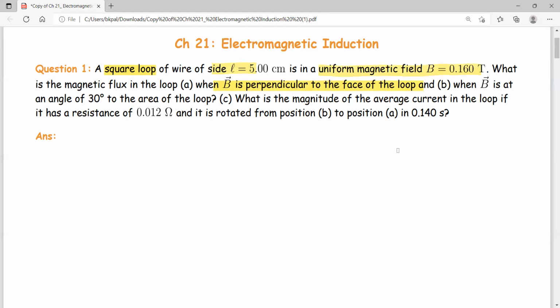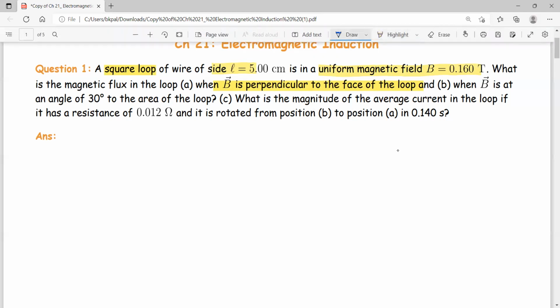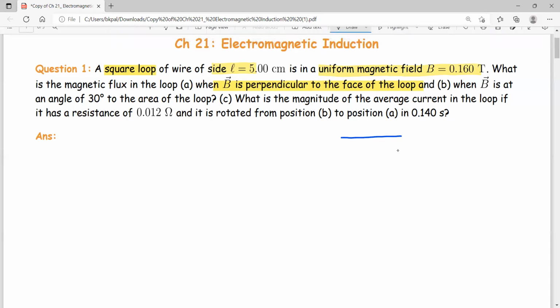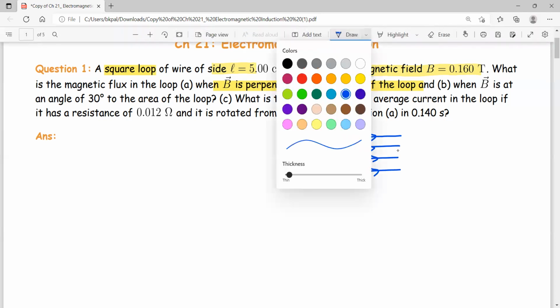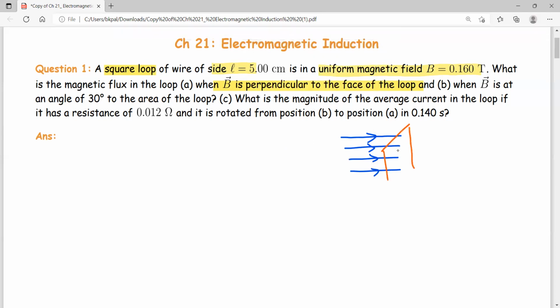Let me draw what it means. Say the magnetic field lines are these, and a perpendicular loop means something like this.